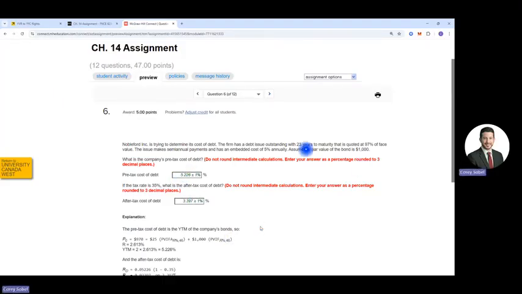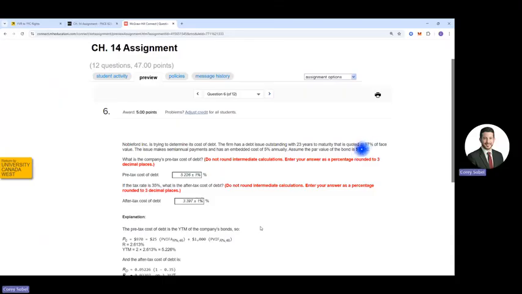If you use those variables, 46 is N. Present value is going to be negative 970 because it's 97% of the 1,000. Future value is the 1,000 because when they buy the bond, they're paying $970 for this bond and they're going to sell it back for 1,000 in the future.